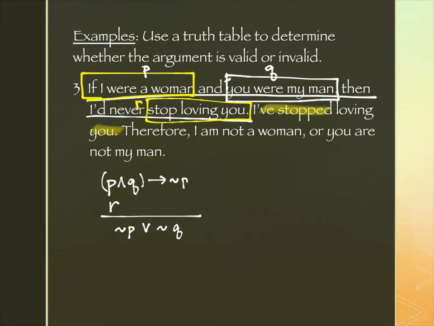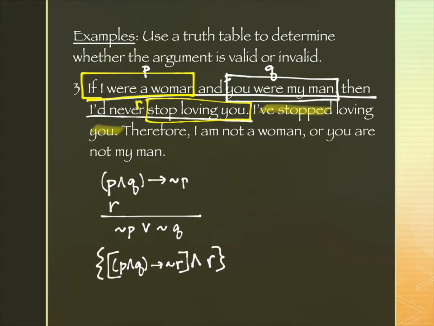Okay? And then step 3 is putting it all together in a long statement like we had on problem number 2. So we take the first statement, which was P and Q arrow tilde R. And we join it together with an and statement with R. So all of this is the part that's above my therefore line. And I need another set of grouping symbols. You'll see usually curly braces used at this point.